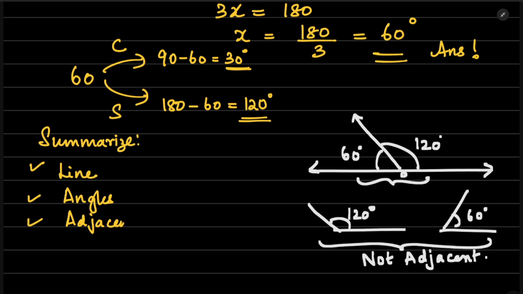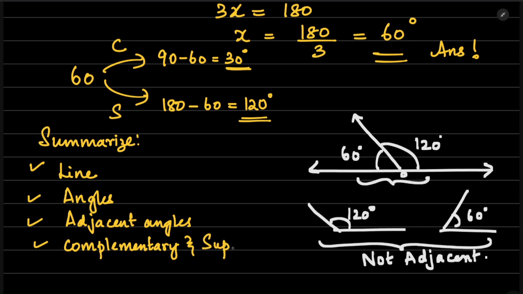We saw complementary and supplementary angles, and we did some problems based on them. I will stop the video here and we will continue in the next video, where we can cover the remaining topics.